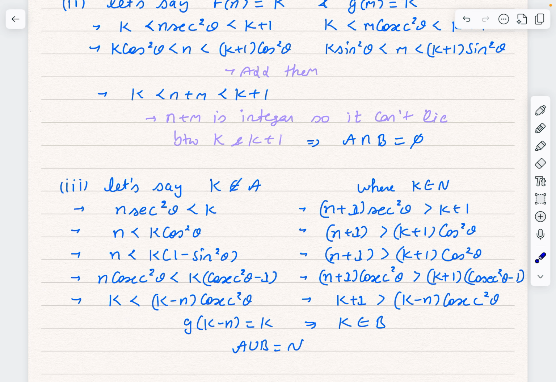Now same thing here. N plus 1 secant square theta is more than k plus 1. So secant we can write as 1 over cos. So n plus 1 is more than k plus 1 cos square theta. And again we can write cos square theta as 1 minus sine square theta.